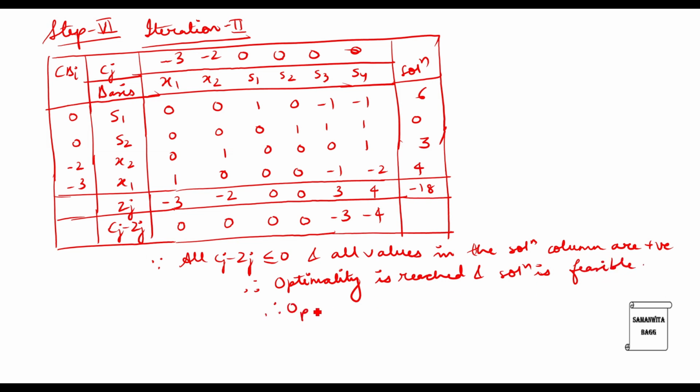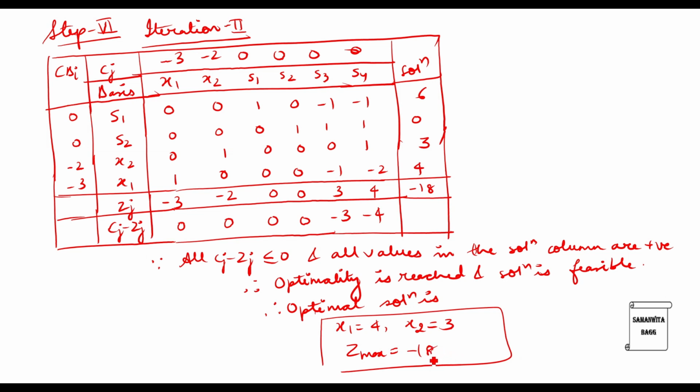So therefore I'm going to write the optimal solution now. The value of x1 is 4, the value of x2 is 3. You can see over here. And the value of z max, that is over here, minus 18. So this is my solution.